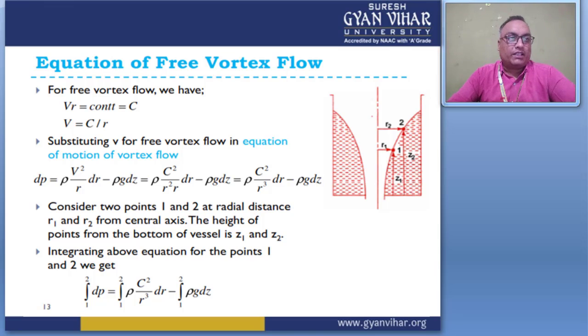For free vortex flow we have vr equal to constant. For free vortex flow, vr equal to constant means external torque is 0.